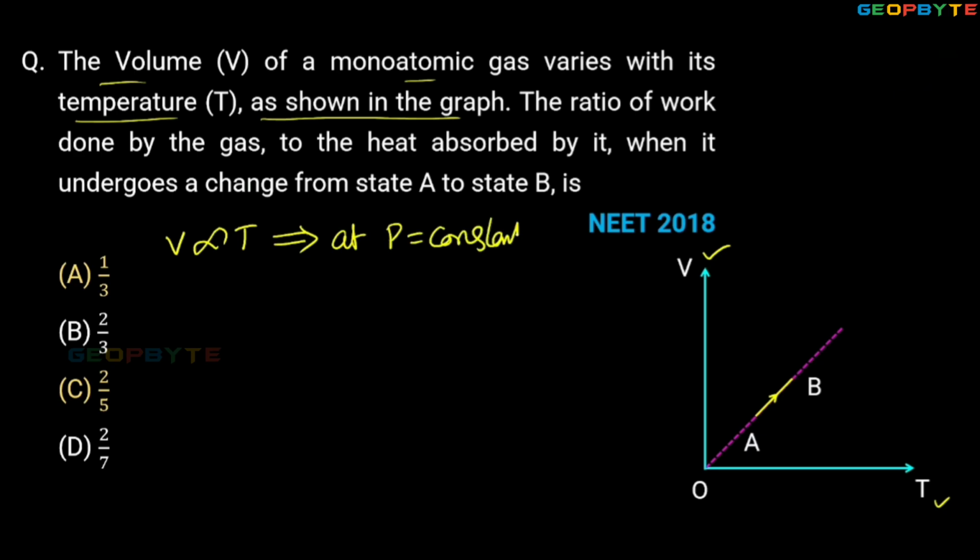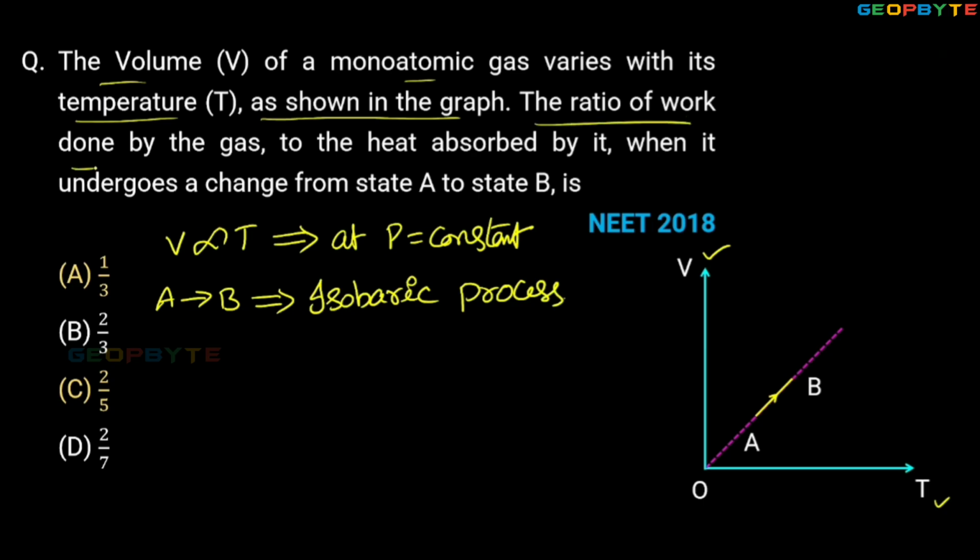That means the process AB marked in the VT diagram is an isobaric process, or constant pressure process. The ratio of work done by the gas to the heat absorbed by it when it undergoes a change from state A to state B. What is the ratio between the work done and heat transfer?